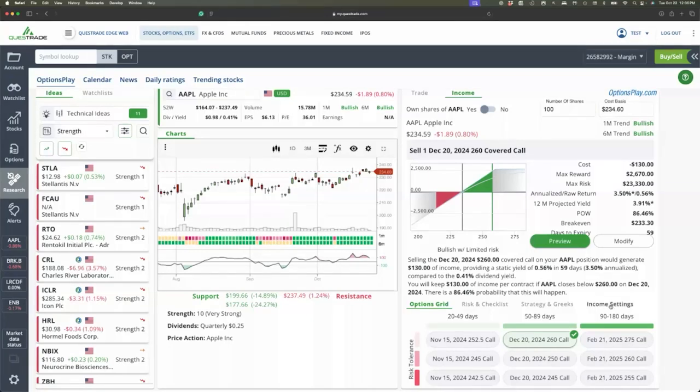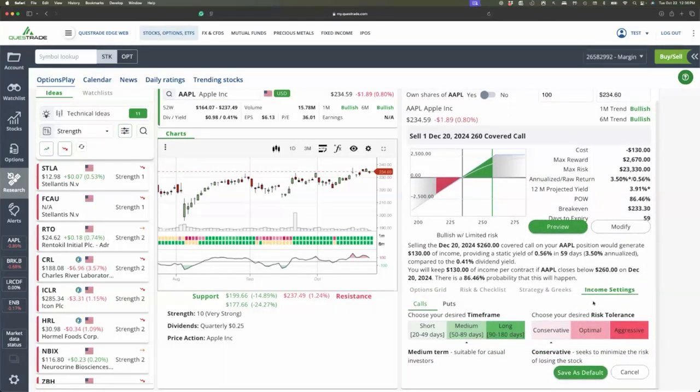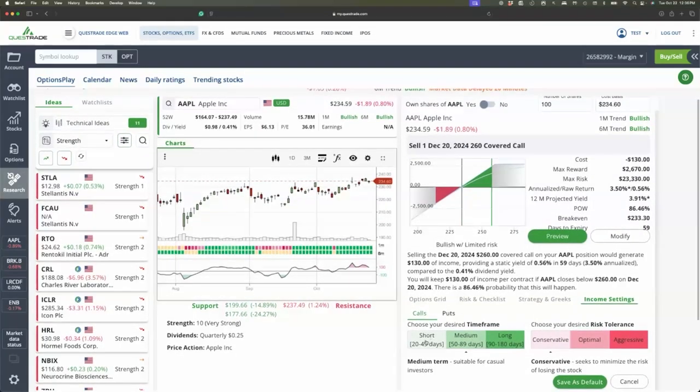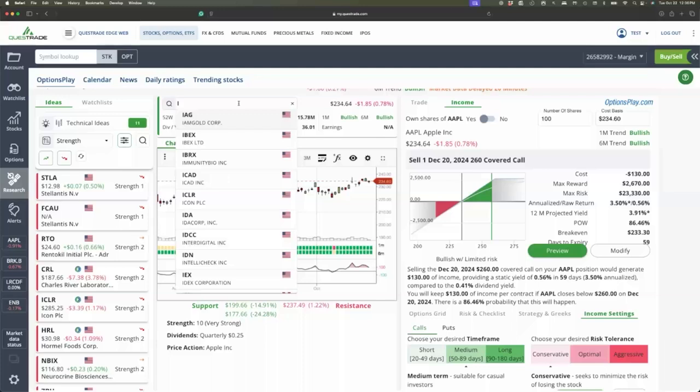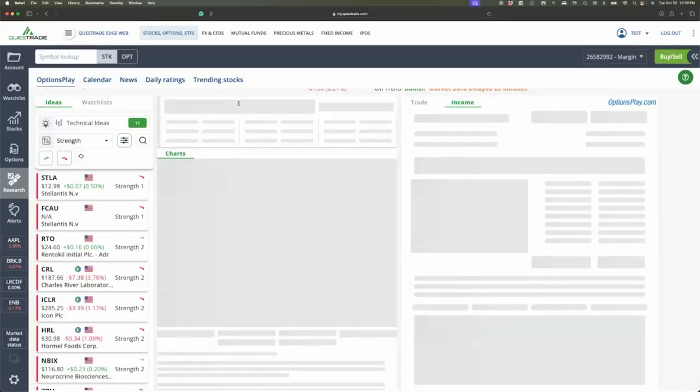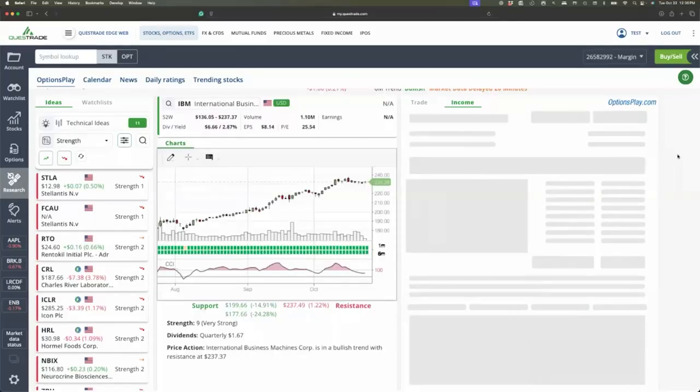One of the things that I can tell you is that based on our research, you generally want to take a more conservative approach to your risk tolerance and how you select your strike prices, but you might want to choose a short or a medium dated option when it comes to your time frame, and you can save this as default. And what OptionsPlay will do is for any stock that you type in, we will find you the covered call that matches your income settings.